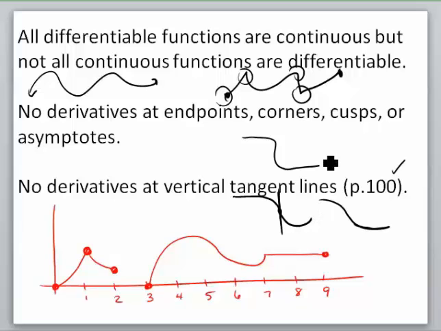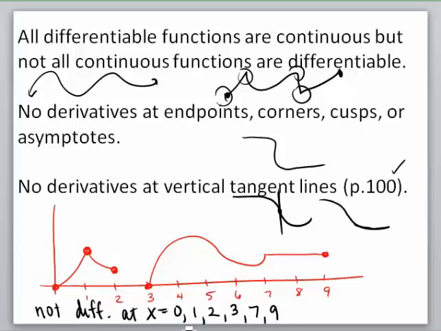Okay. So down here I can talk about where things are differentiable, where they're not differentiable. There is a lot of non-differentiability occurring down here. So I'm going to write that it's not differentiable at x equals 0 because it's an endpoint, at 1 because there's a cusp, at 2, at 3, then it's okay until we get to 7, and then 9.